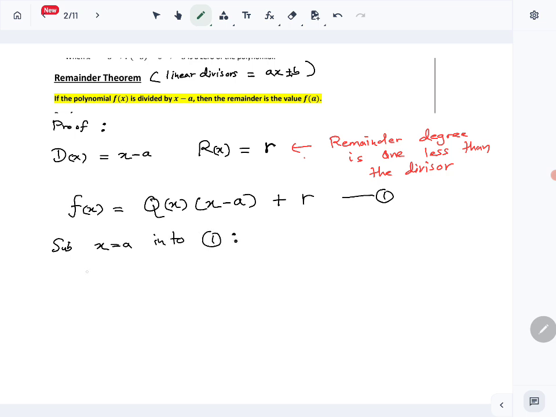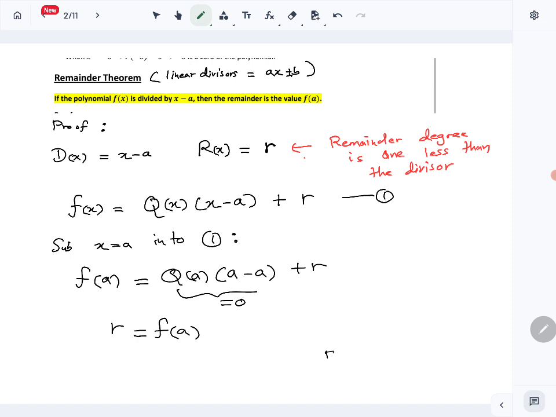What do you get? f of a equals q of a times a minus a, plus r. This term becomes 0 because a minus a is 0. Then r equals f of a. Correct, no? Our proof is done. Remainder is equal to f of a, right? So this is a proof you should know.